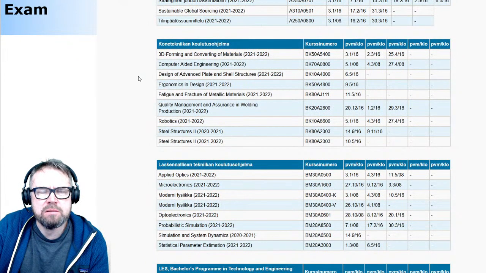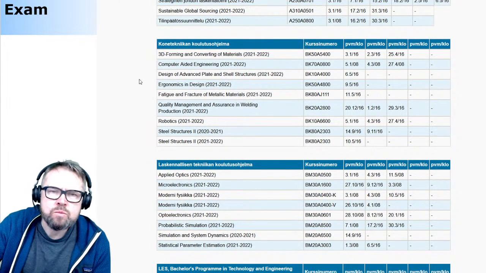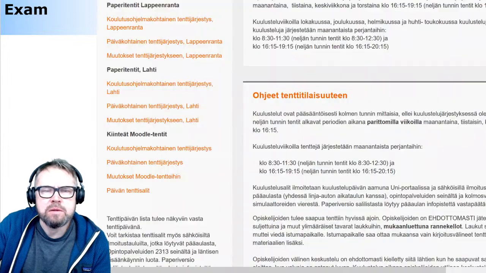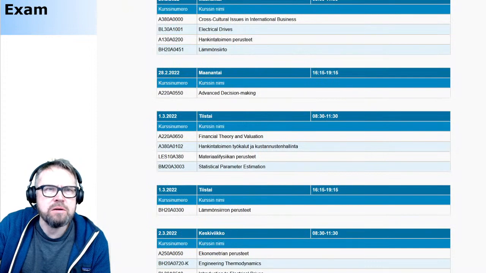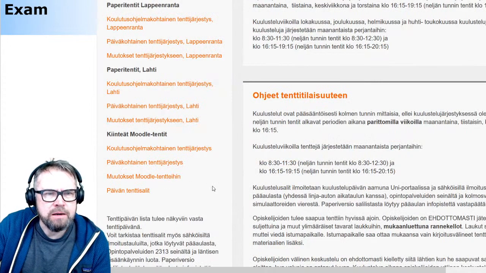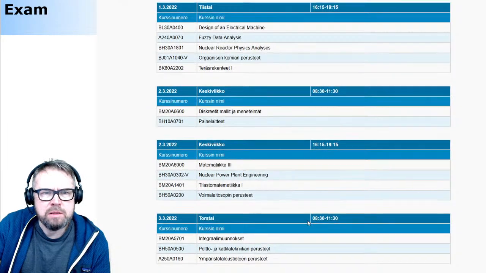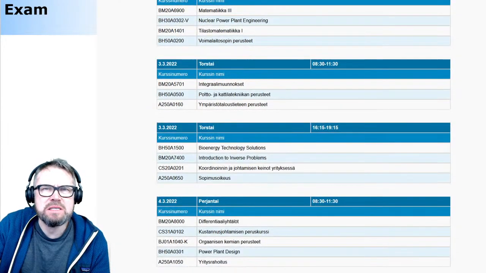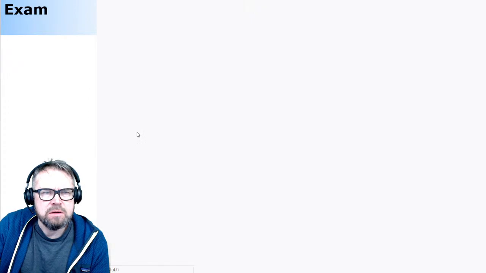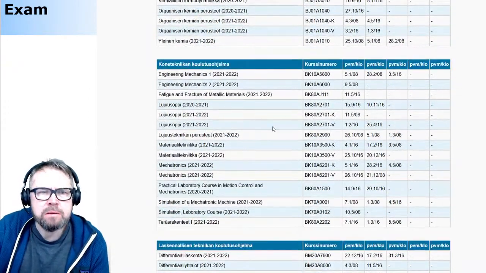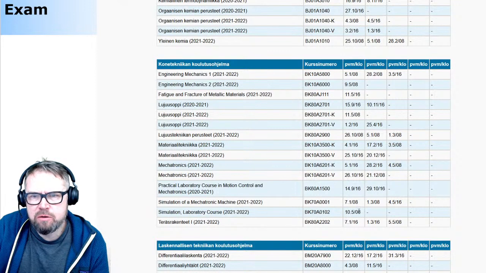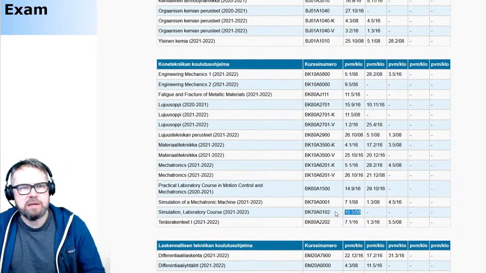But it's not here either. This was the only thing that I was able to find. Oh, this is not a good way to show it to you. Where is it? Simulation laboratory course, and it only says final exam.